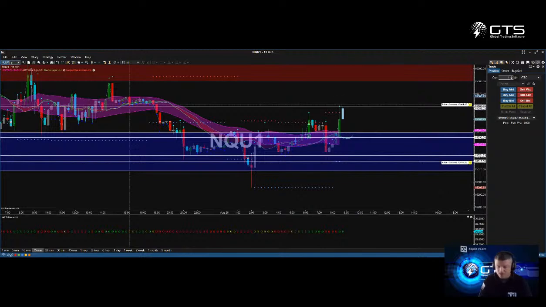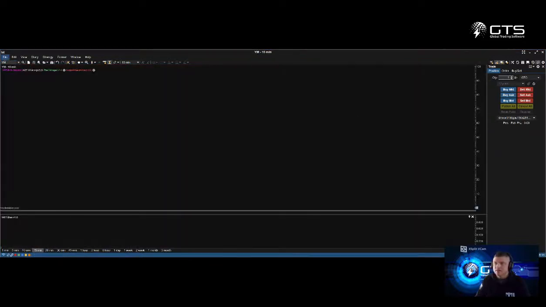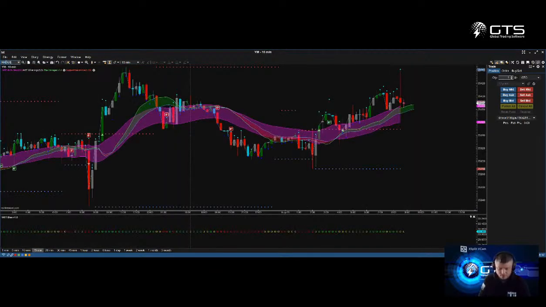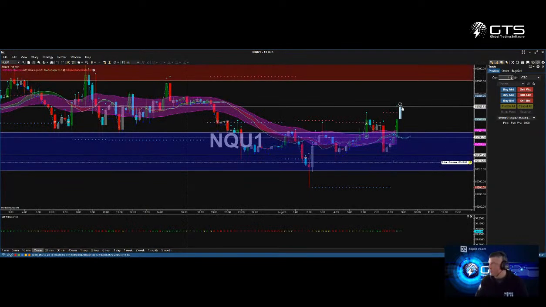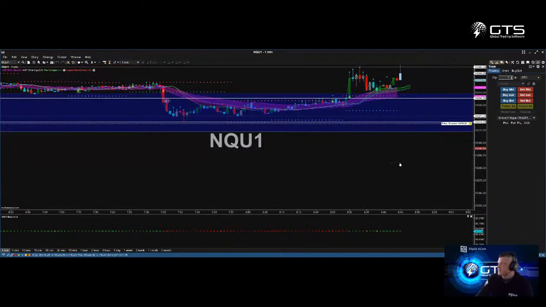Let's ease back through here, check out where we are, and then we're about to get a break of this one. Getting a break, yep, price just crossed, break right there. Waiting on some sort of signal, something. Give me something, anything, please. All right, and then you manage it on the lower time frames.